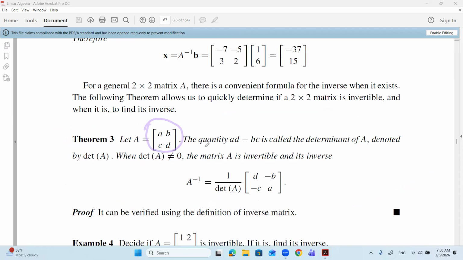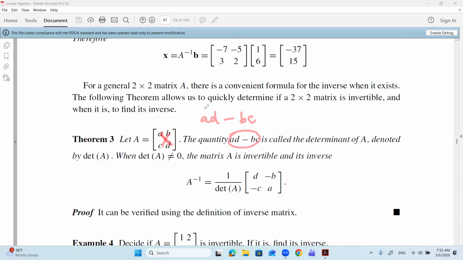A, B, C, D: it is a 2 by 2 matrix. There are four entries of a 2 by 2 matrix. If this number, A times D minus B times C, which is the product of the entries along one diagonal minus the product of the entries from the other diagonal, BC, that's the number we get.